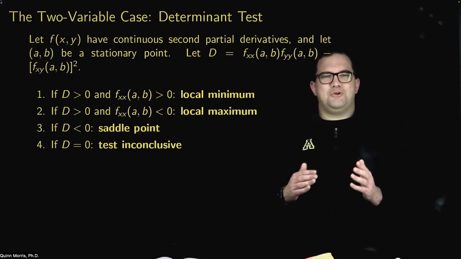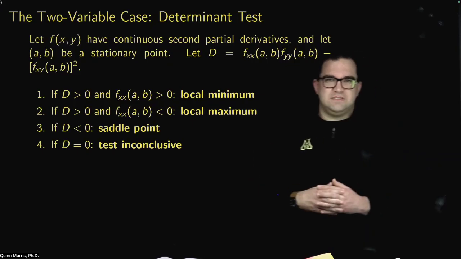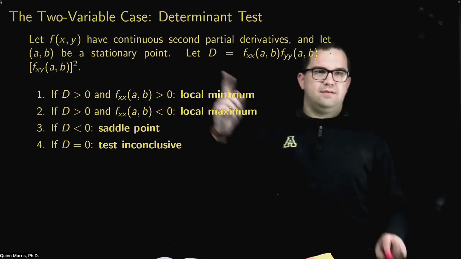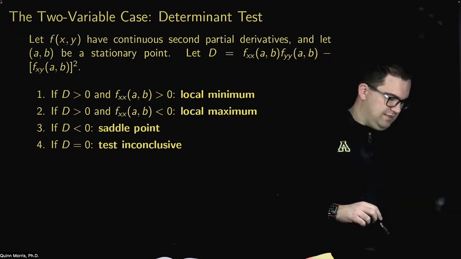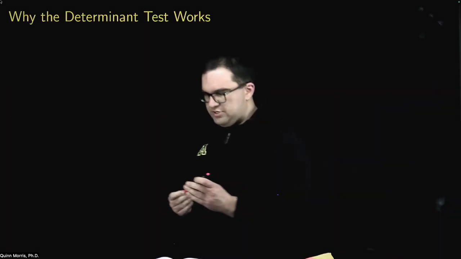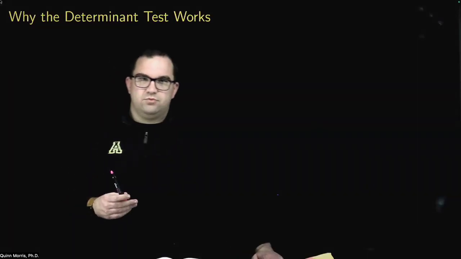What on earth does this have to do with the theorem we just proved? Because on the surface, these have nothing to do with one another. Well, we might get a hint by looking at this value, capital D. So let's understand why this discriminant test or determinant test works.